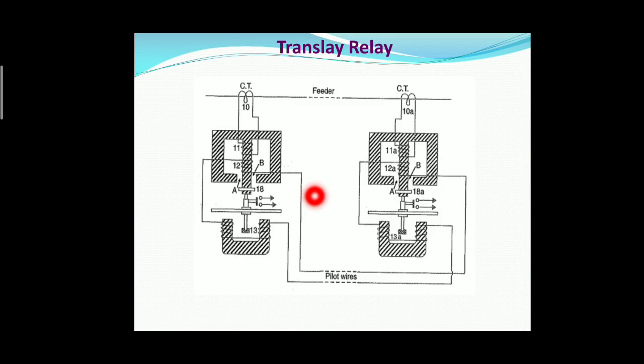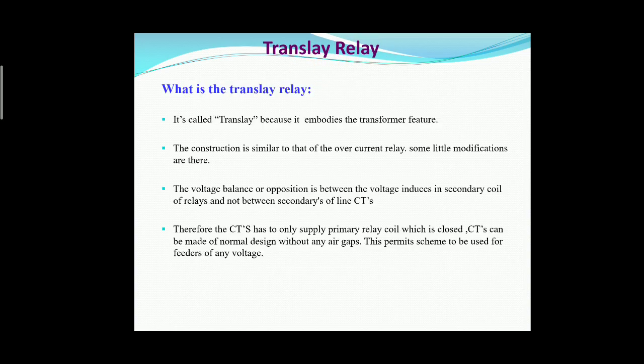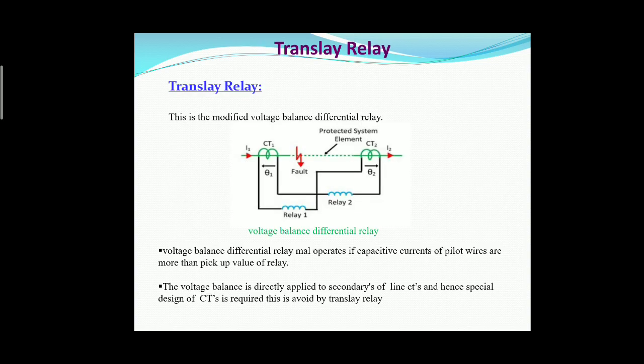The disadvantages of the voltage balanced differential relays are overcome by using this translay relay. This is the main advantage of a translay relay. These translay relays are used in the feeder line, the same as a voltage balanced differential relay.